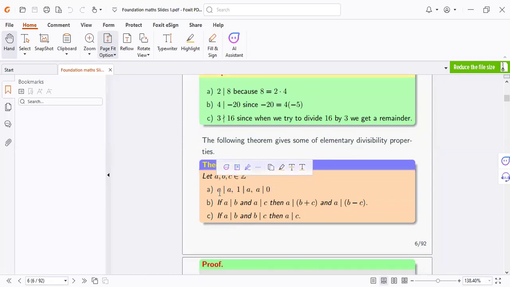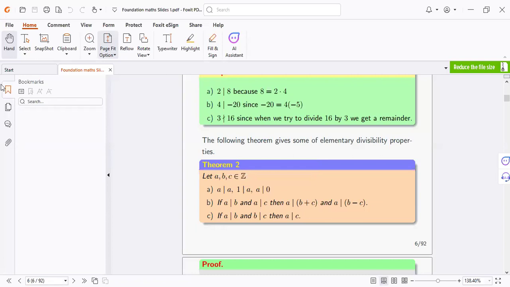Then part A: A divides A, 1 divides A, and also A divides 0. And then part B: if A divides B, and A divides C, then A will divide the sum of B and C.